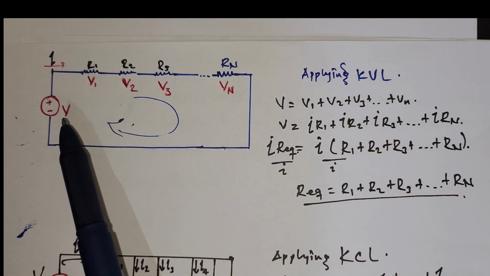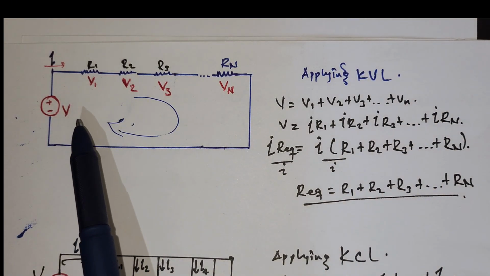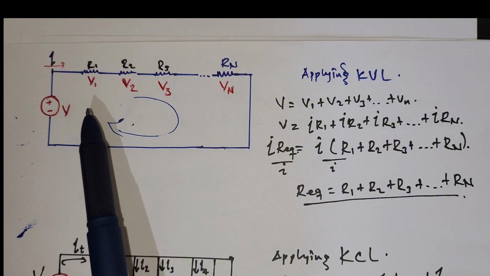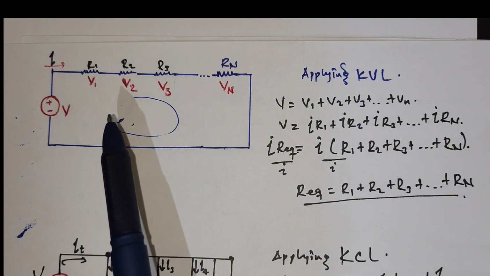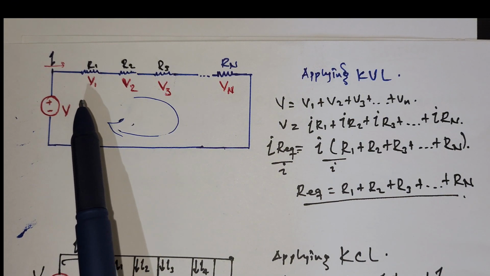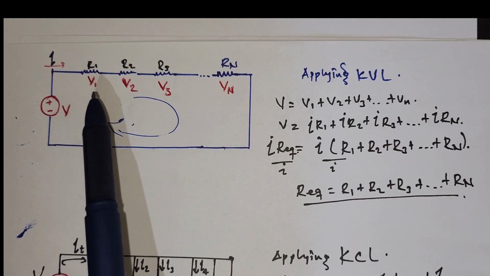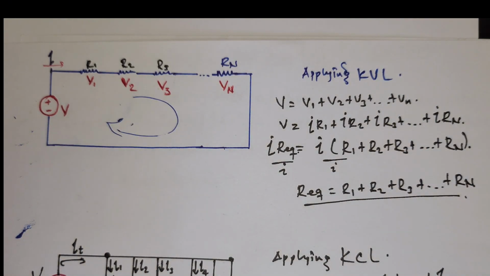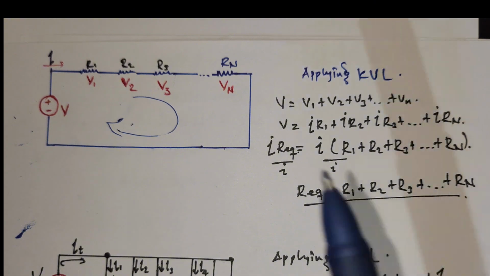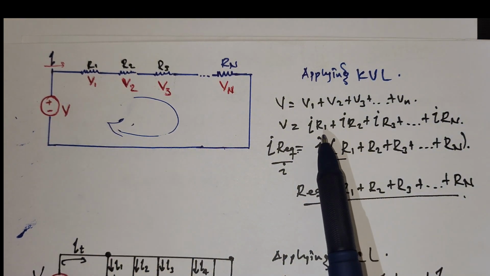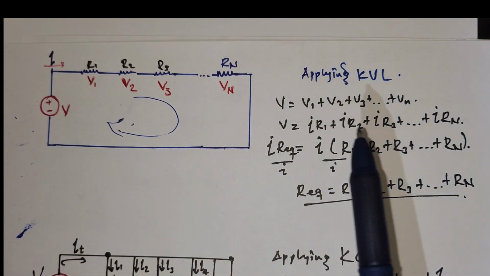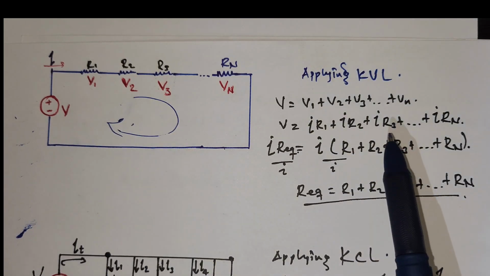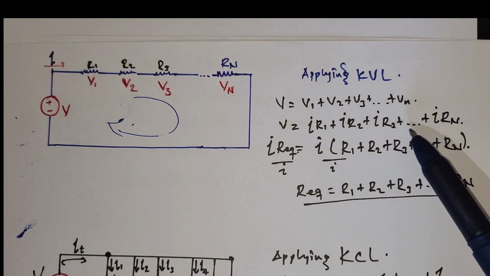We know from the previous section that elements connected in series share a common current. So when elements are in series, they have the same current. V1 means I times R1, V2 is I times R2, V3 is I times R3.